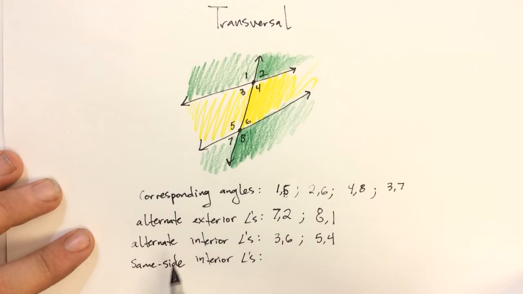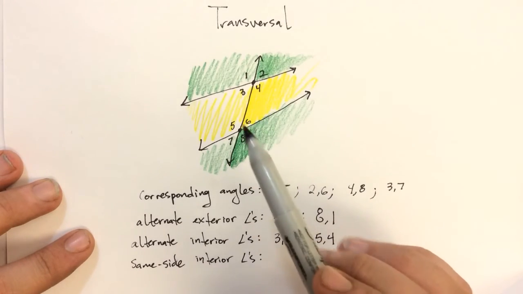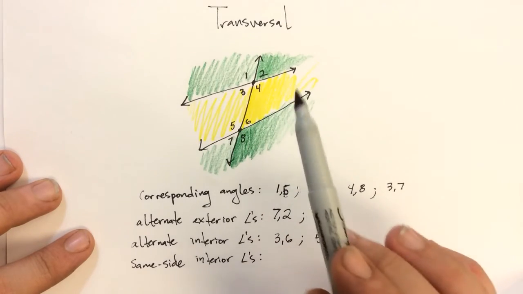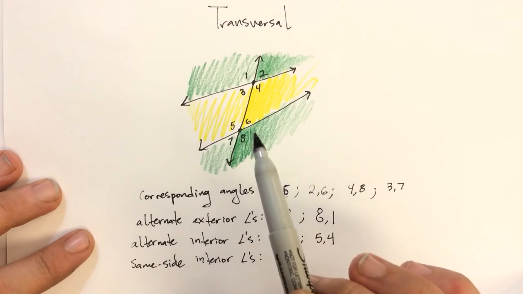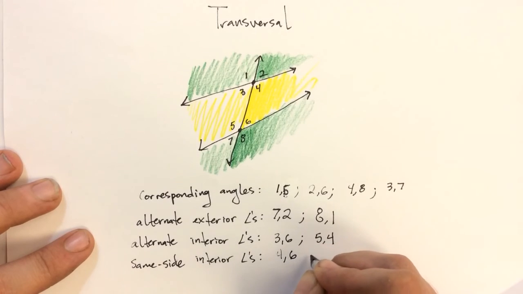Right? So same side interior. The same side refers to the transversing line, so they're on the same side of the transversing line, and they're on the interior of the 2 lines being transversed. So they're in the yellow zone, but now on the same side instead of opposite sides. So those pairs would be 4 and 6 and 3 and 5.